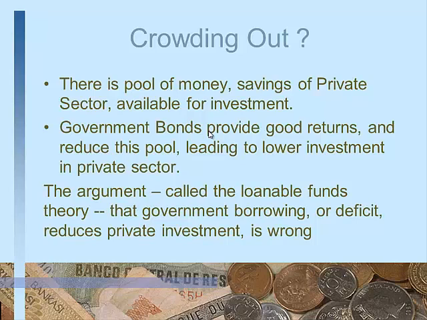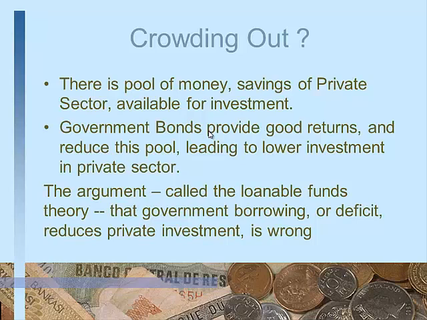So there is a standard theory of crowding out, which says that there is a pool of money which is the savings of the private sector, which is available for investment. If the government sells bonds to the public to earn money to pay for its projects, then this money will not be available for investment.